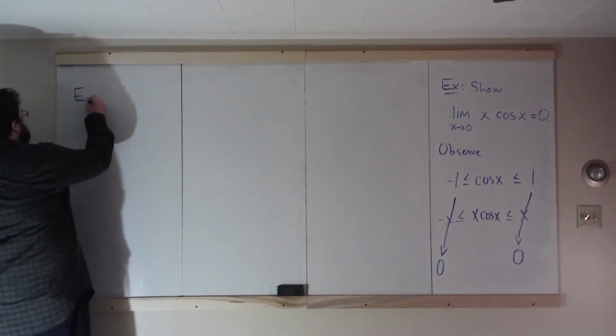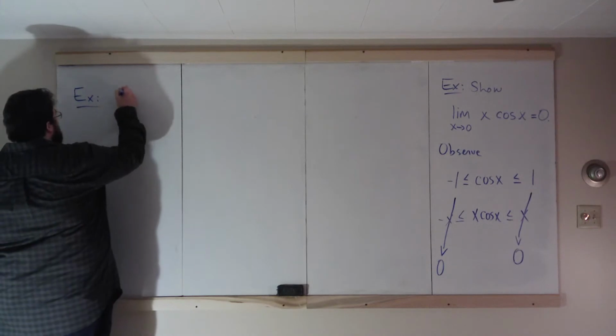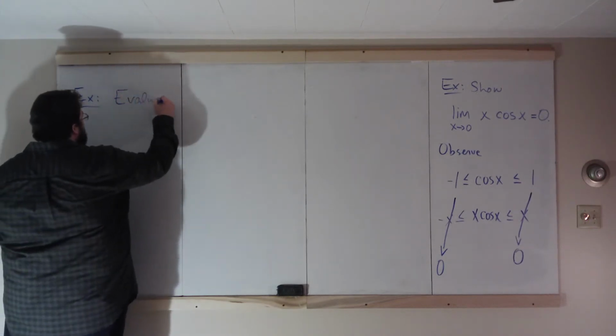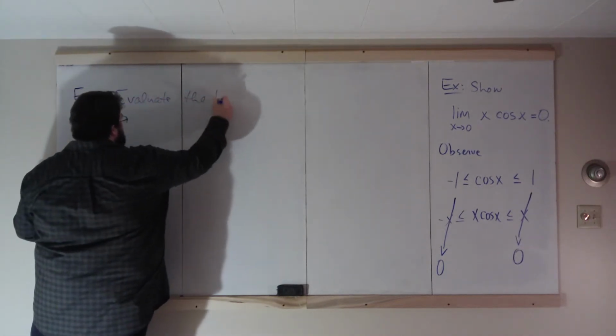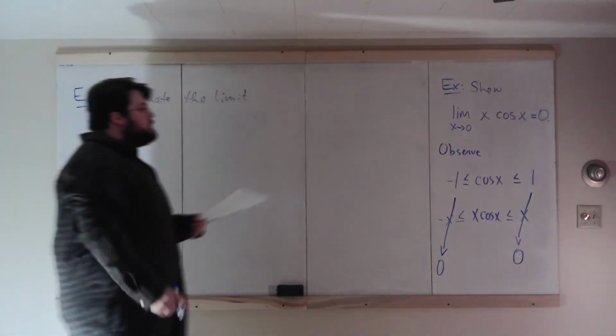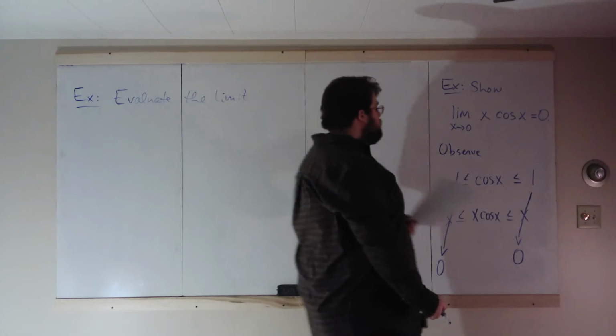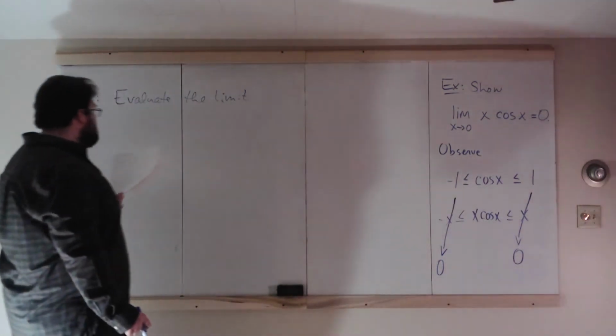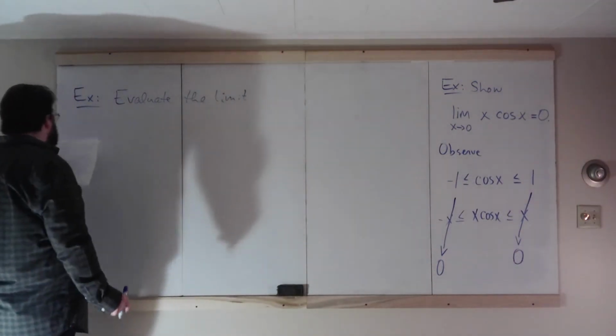Example. Evaluate the limit. Now notice here I'm not saying by squeeze theorem. I'm also not stating it like this where I told you the limit. Here we're just evaluating the limit, and we're going to see what squeeze theorem throws out.